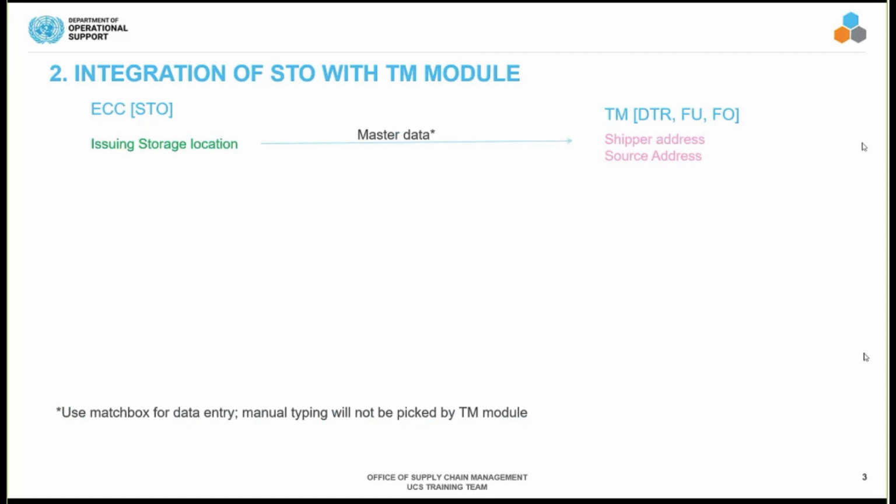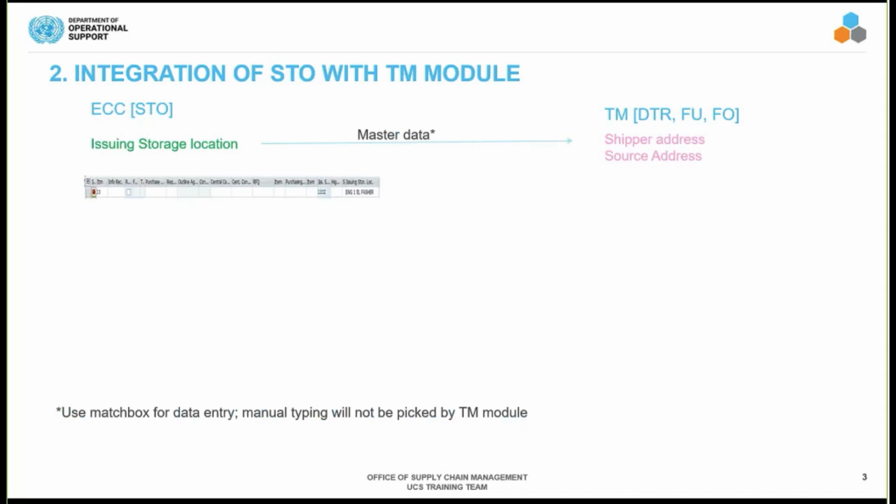Remember, it is derived from the storage location via master data. In other words, please do not type the data manually, otherwise the TM module will not pick it up. Always use the matchbox next to the text fields.